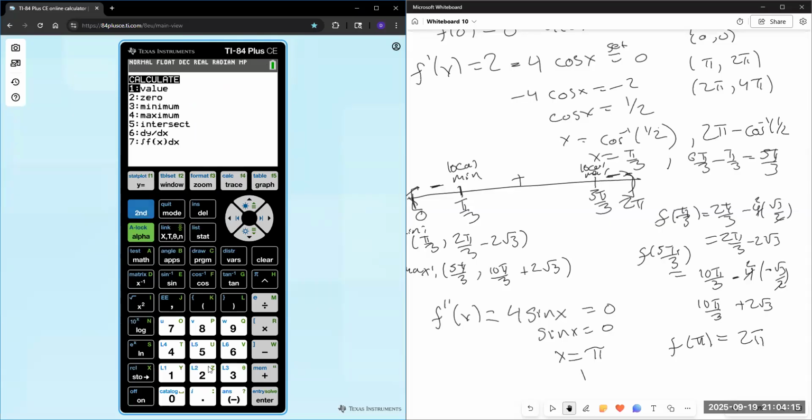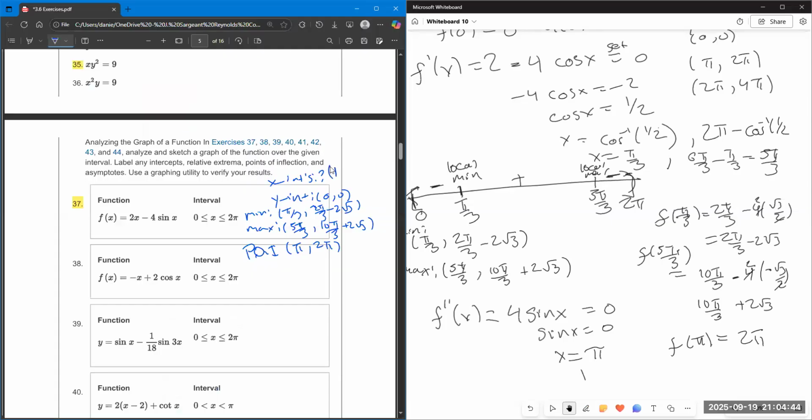So second calc, zero of, and I know that one's going through 0, 0. That's my x and y intercept. I'm interested in this one over here, and it looks like 1.895, approximately.